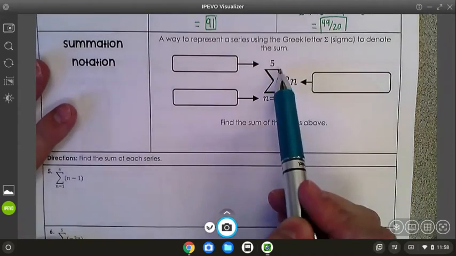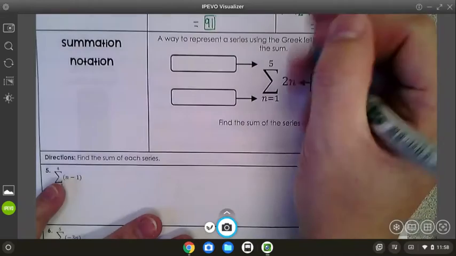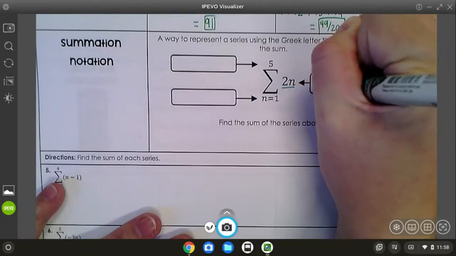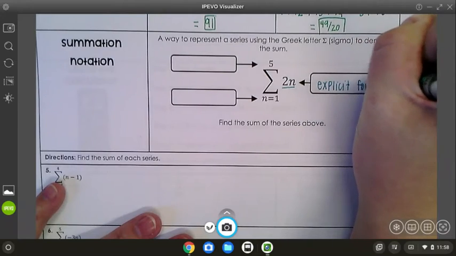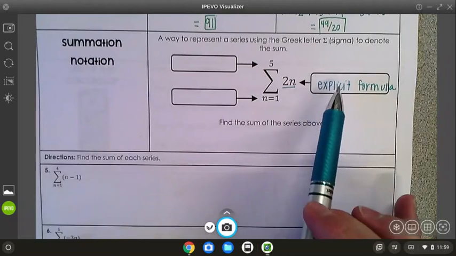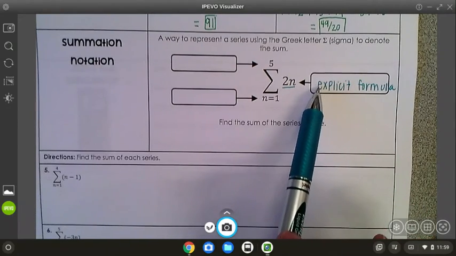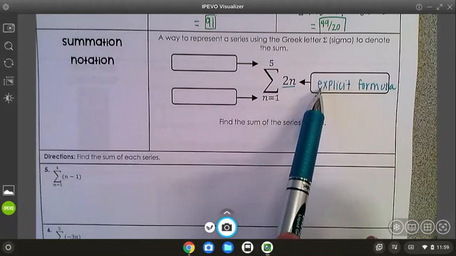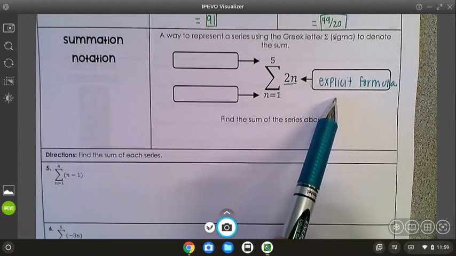So this means sum. And inside of this, the part over here, this is your explicit formula or the rule that we learned. So remember, arithmetic sequences was like a sub n equals d times n minus 1 plus a sub 1, or geometric was a sub 1 times r to the n minus 1 power.